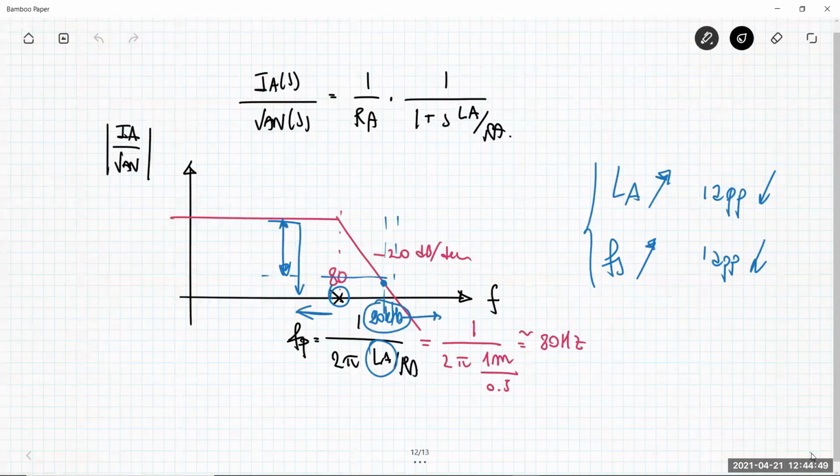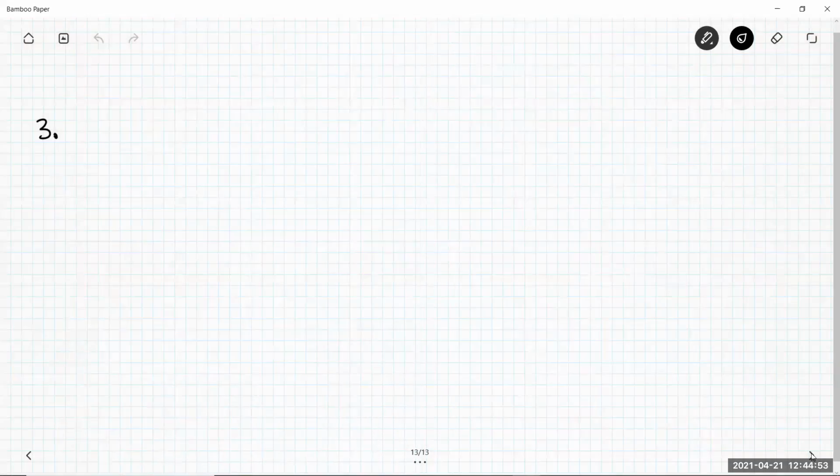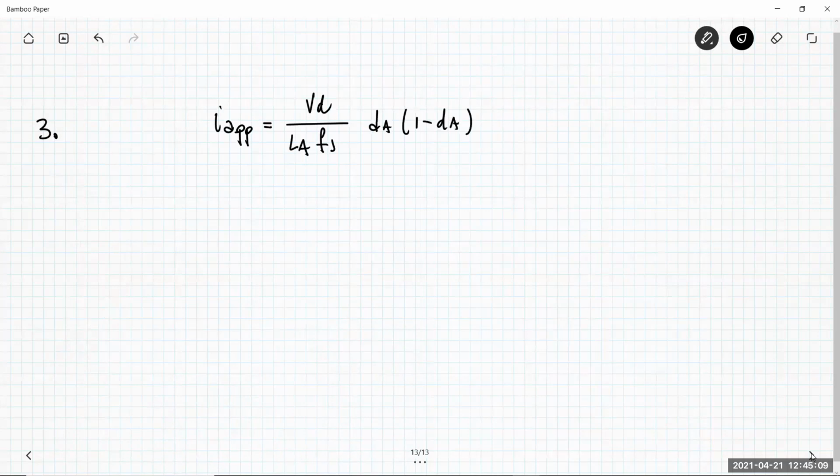To find out this ripple, let me again use the previously derived expression, which is Vd over LA Fs, which is a constant quantity, and then you have now the generic duty cycle.